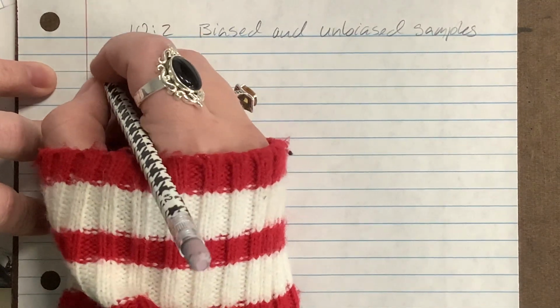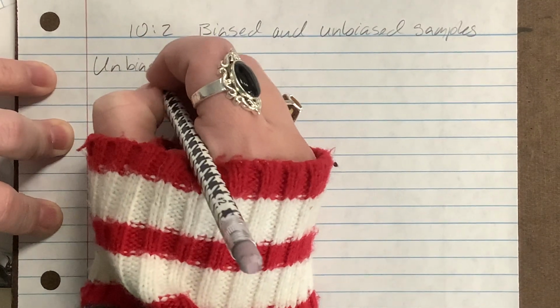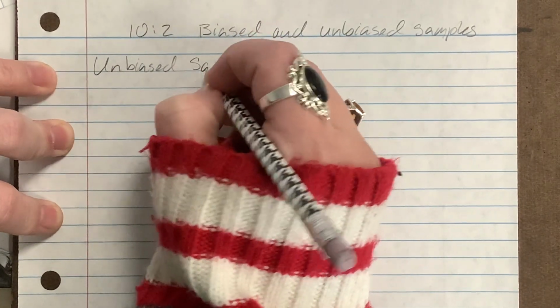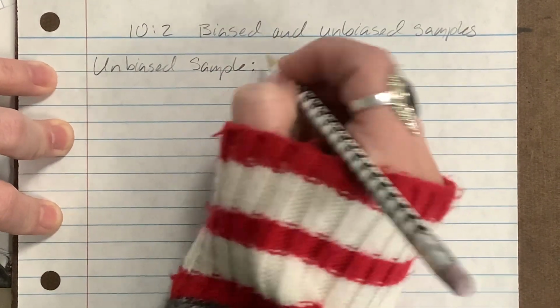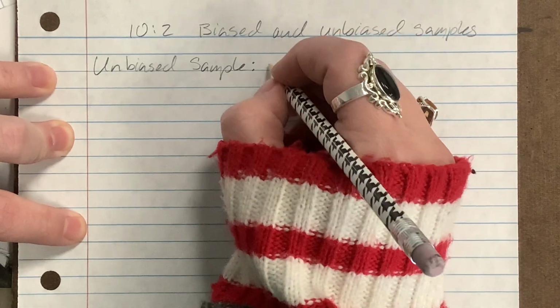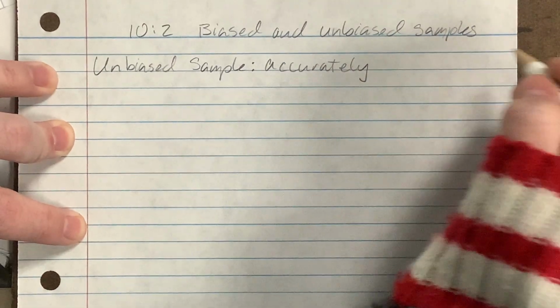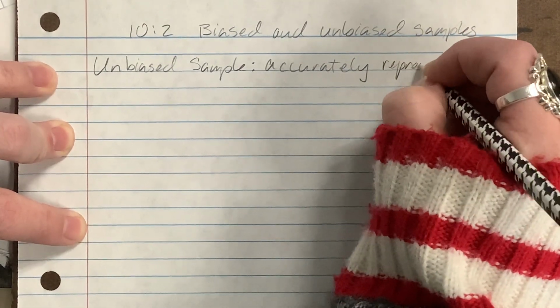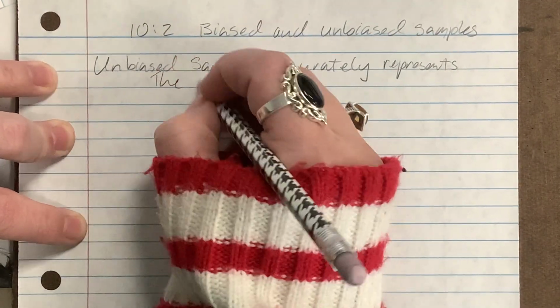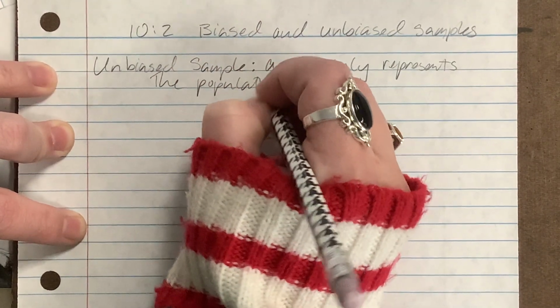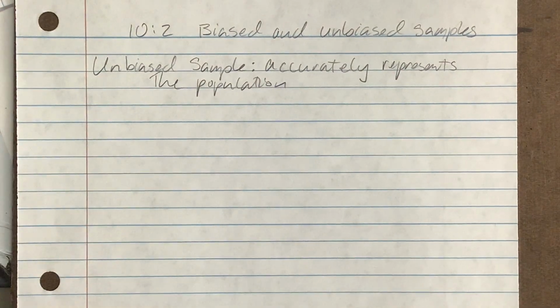An unbiased sample means it accurately represents the population. Okay, so remember when I was talking yesterday, population's all the people you're studying. Your sample is just a smaller subset of that, and you want to make sure that your sample matches your population.